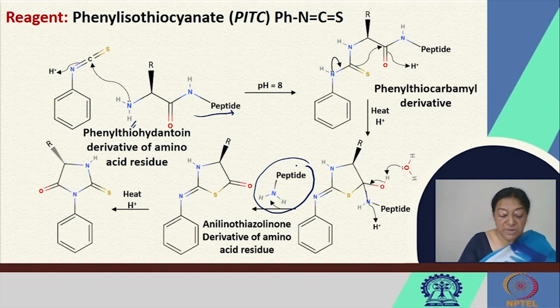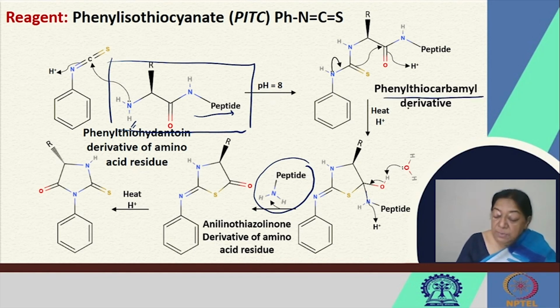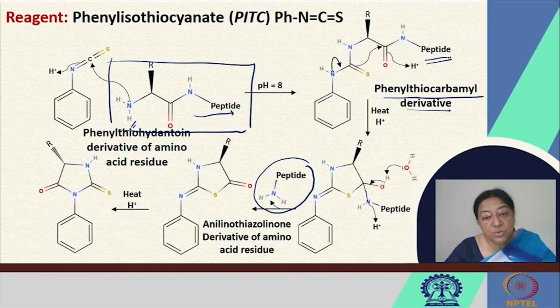So what happens here is initially we have our overall peptide given by this, and we are now concerned with the specific amino acid residue, that is the first amino acid residue in this sequence. In the process, under these basic conditions, the phenyl thiocarbamyl derivative is formed, and once this is formed, there is an adduct with the peptide connected to it.